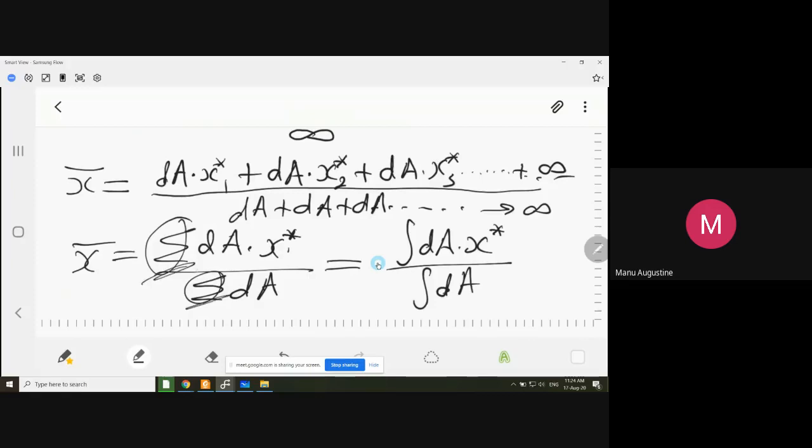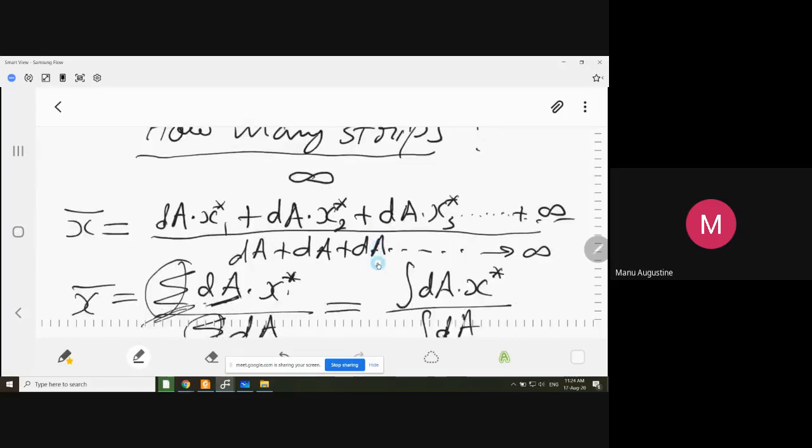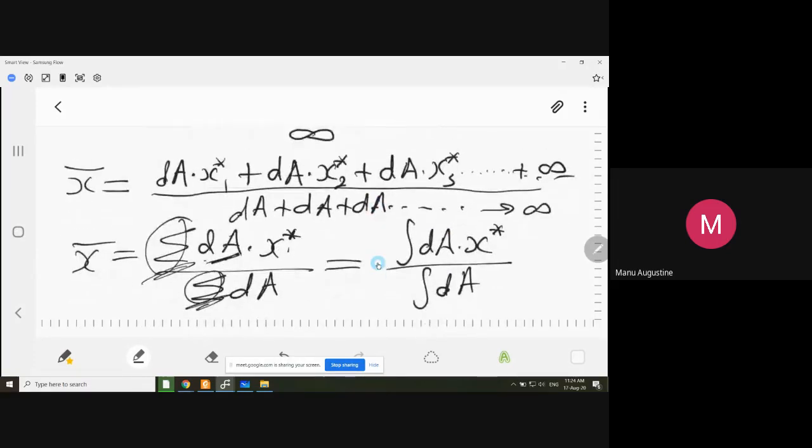These are the same things. The only thing is the dA values are very, very small, very near to zero, and there are infinite number of dA values. So instead of using the summation, we use an integration. So by using this concept, what I am going to show you is how to solve the centroid of a rectangle.